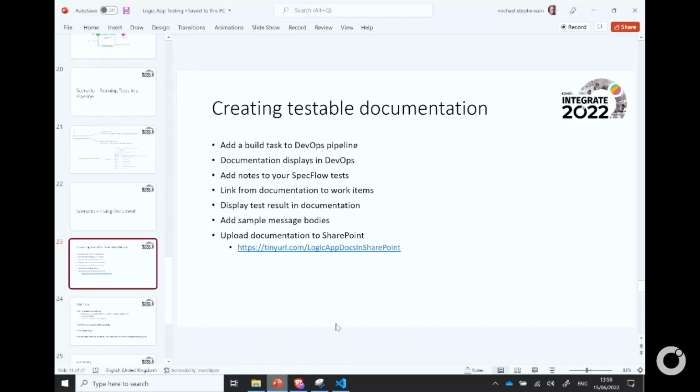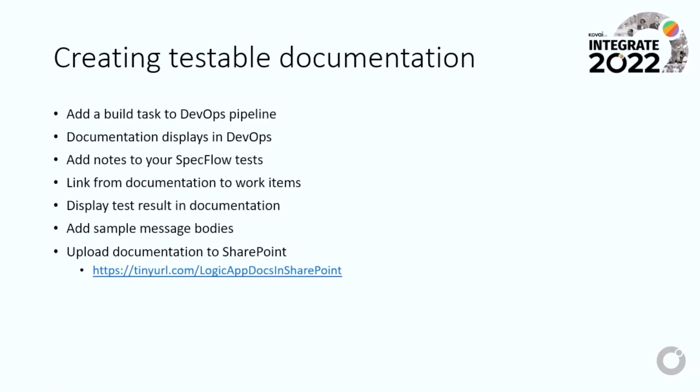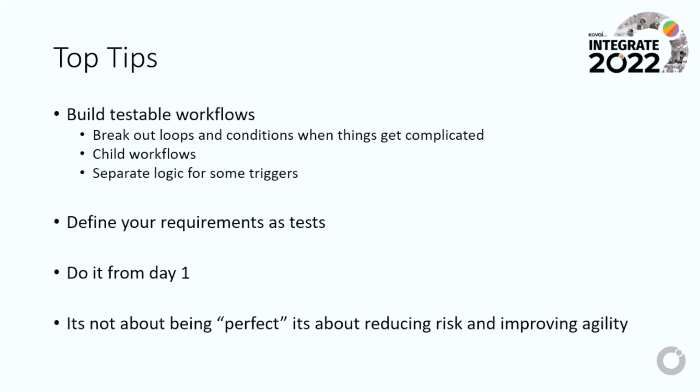Okay, so let's wrap up a bit then. So top tips. Firstly, do testing, do automated testing. Hopefully you've seen the benefits of it here, but build testable workflows. The hardest ones I come across are where we get a Logic app and it's got a loop and there's a million things in the loop.